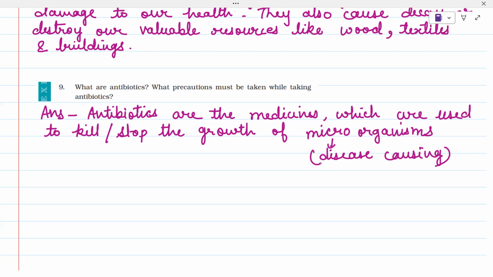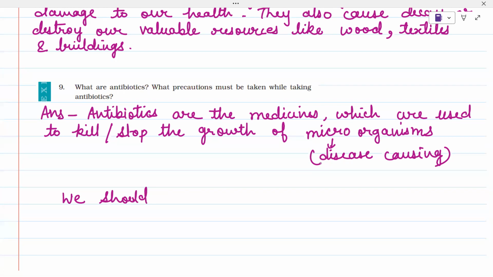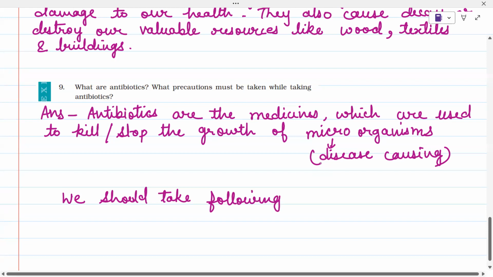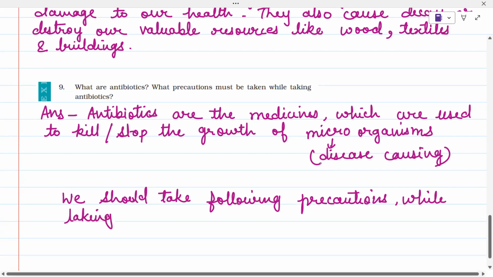So here we can write down, we should take following precautions while taking antibiotics.